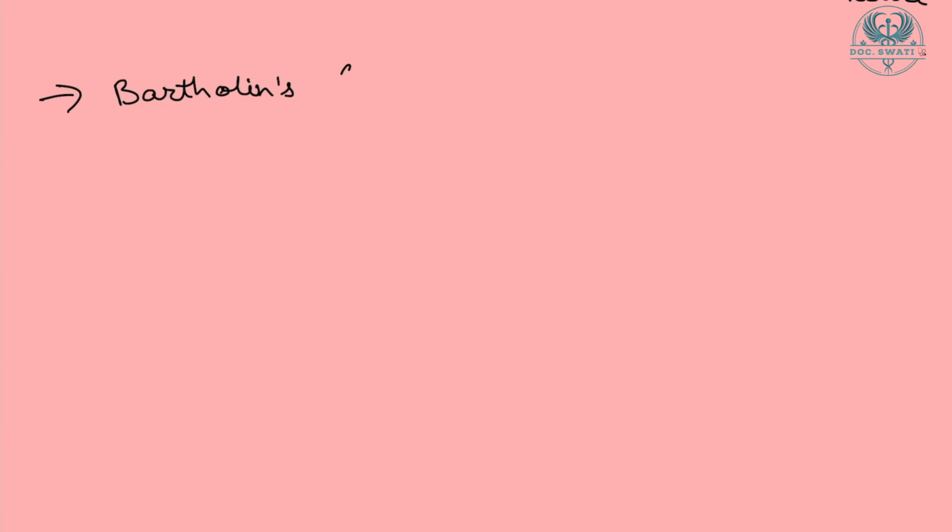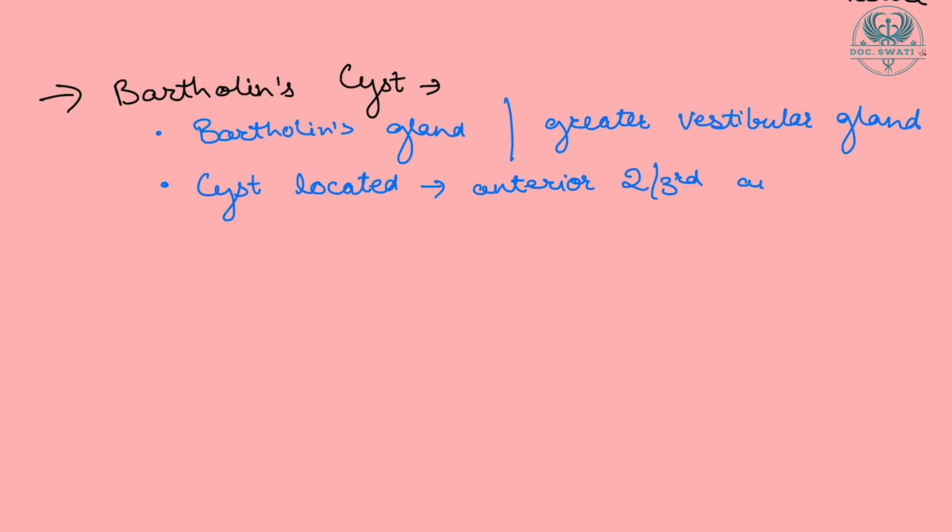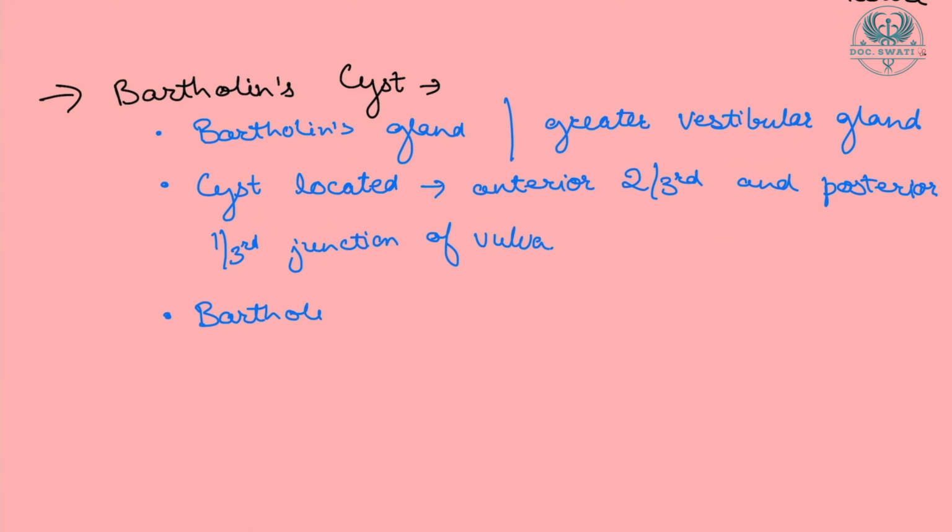Moving ahead, now let's talk about the key features of Bartholin's cyst. Bartholin's gland is also known as greater vestibular gland. The cyst is located at anterior 2/3 and posterior 1/3 junction of vulva. Bartholin's gland functions to keep vagina moist during intercourse.